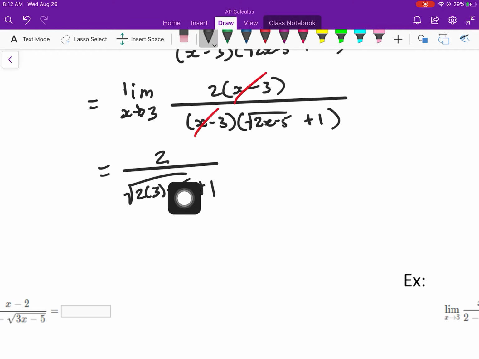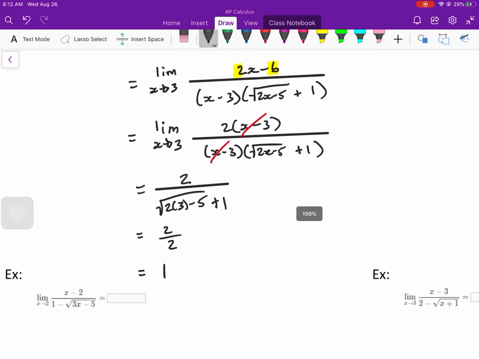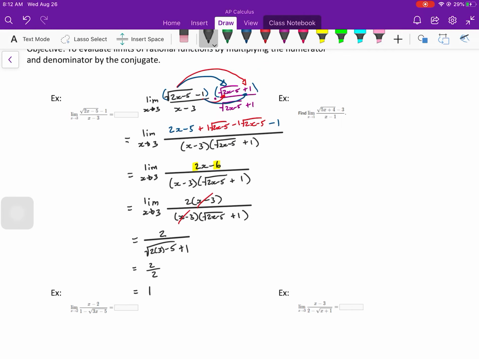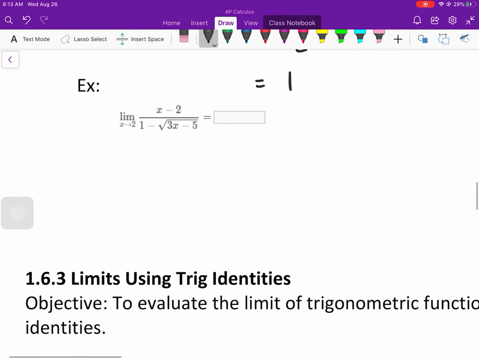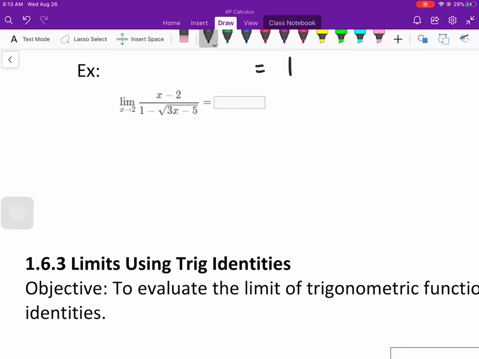And so from there inside, 2 times 3 is 6, minus 5 is 1. So we get 2 over 2, which is 1. So that got kind of messy. But there you see, same thing on the bottom one. It's going to be a lot of work, just going to end up being the same thing again.